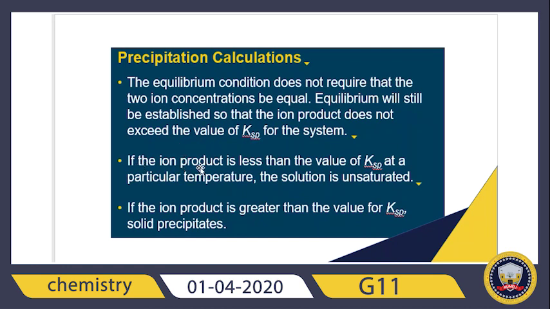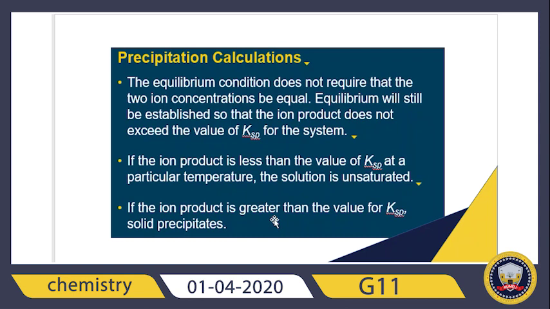So if the ion product is less than the value of KSP at a particular temperature, then the solution is unsaturated. But if the ion product is greater than the value of KSP, solid precipitates.